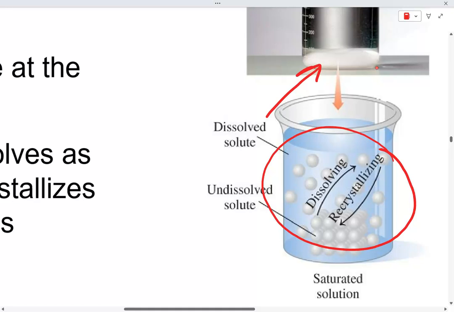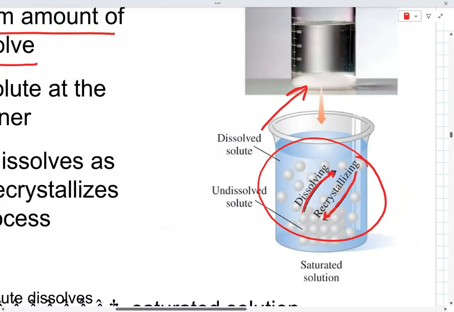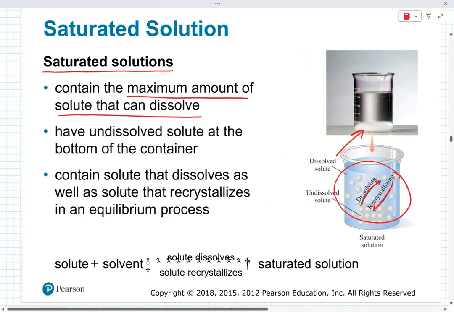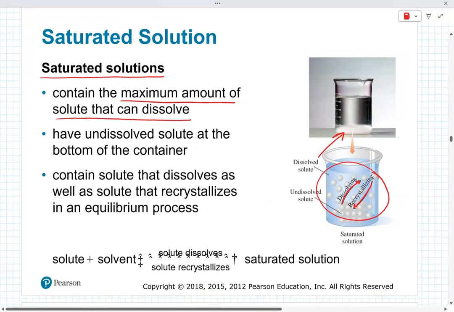When you have a solute at the bottom of the beaker with saturated solution, you can't clearly differentiate between the ions that are in the solution and the ions that form the actual precipitate. As some of them dissolve, others recrystallize. So it is an ongoing equilibrium process. Okay? Good? I hope it makes sense.